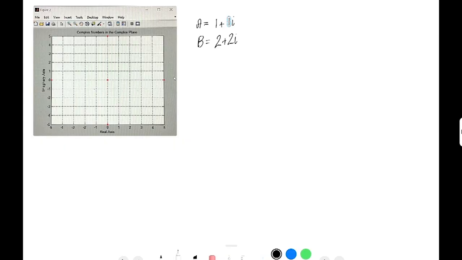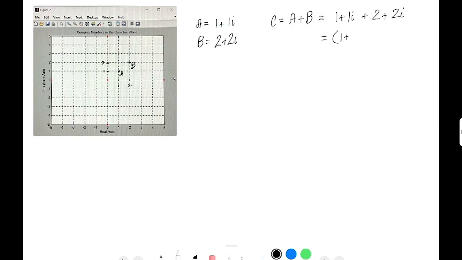So let's draw out A. A is right here, since this is 1, and this is 1. And B is right here. So let's say we have a point C, which is A plus B. So that equals 1 plus 1i plus 2 plus 2i.